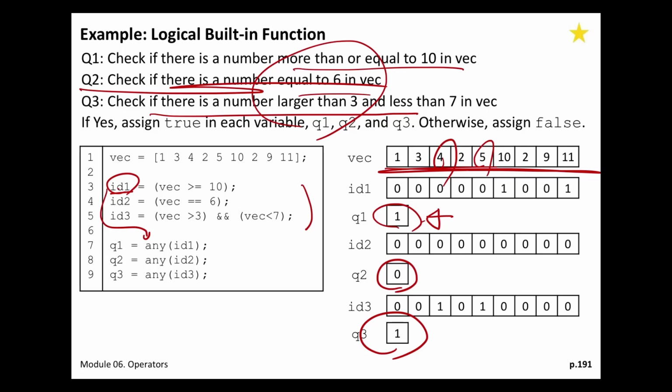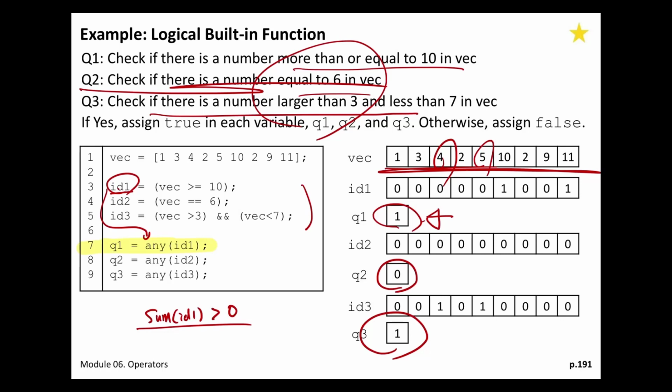As an optional discussion, how to replicate the any function using other built-in functions. How to replicate this line without using any? One way is this one.